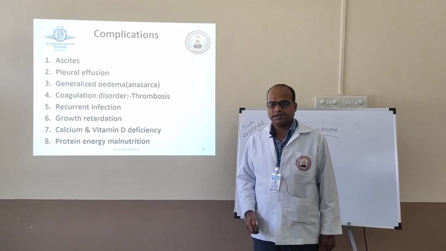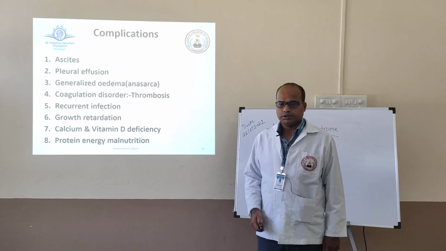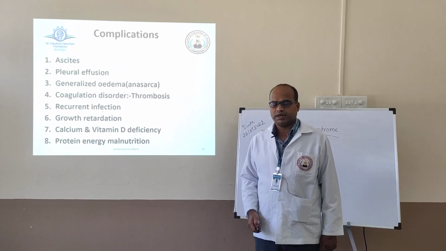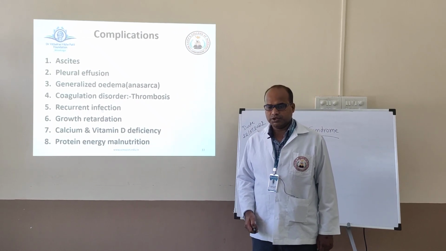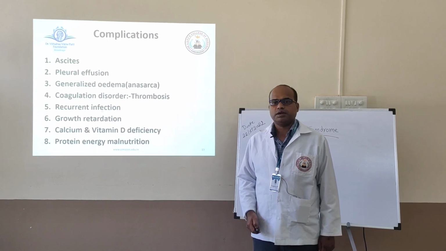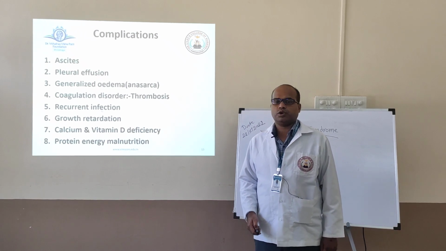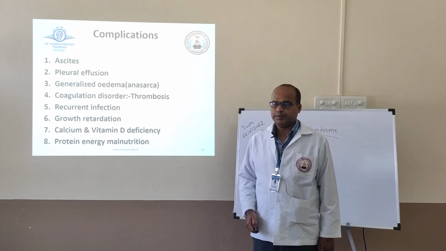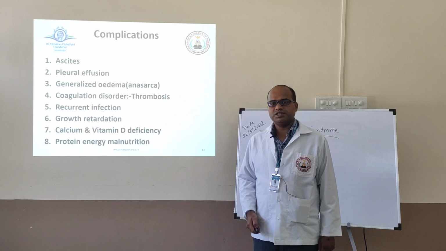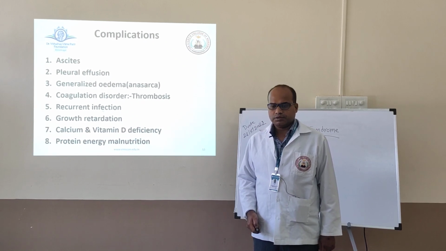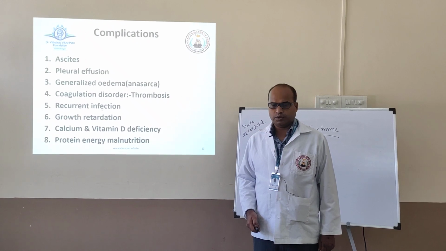Complications include ascites, pleural effusion, generalized edema, which is also called anasarca, and coagulation disorders like thrombosis. Thrombosis occurs because of the compensatory mechanism due to decreased oncotic pressure and hypoalbuminemia, with an increase in the serum lipoprotein level. So it leads to complications like thrombosis.